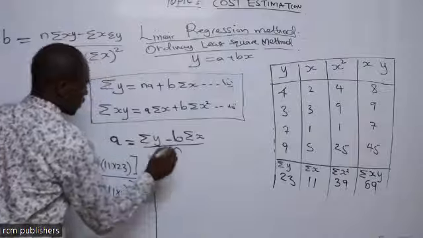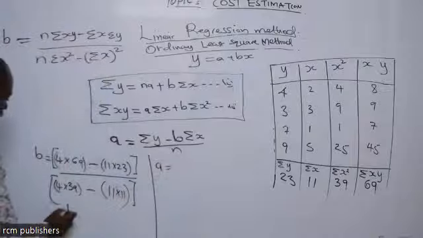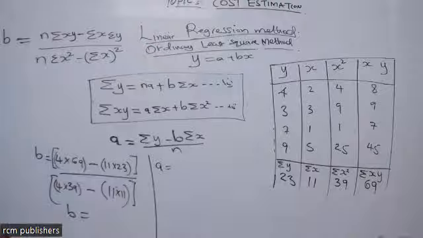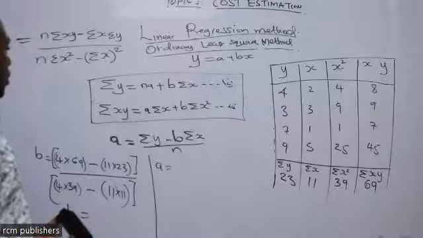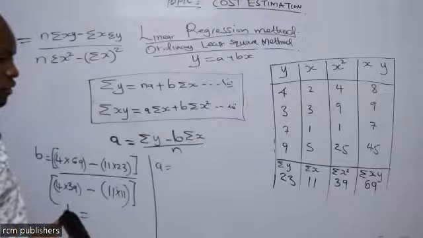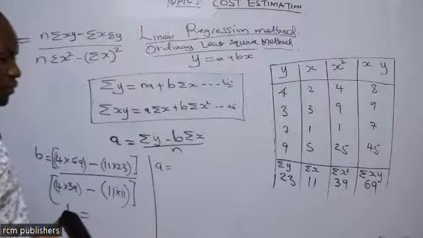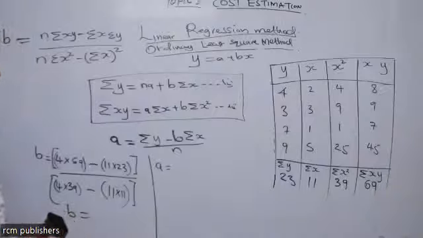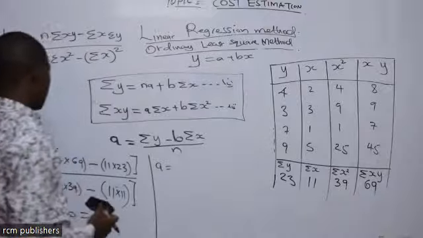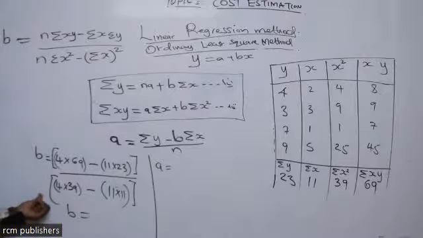The value of B, somebody to throw to us the value of B. The value of B. You people are letting me down and you have calculators. The value of B.